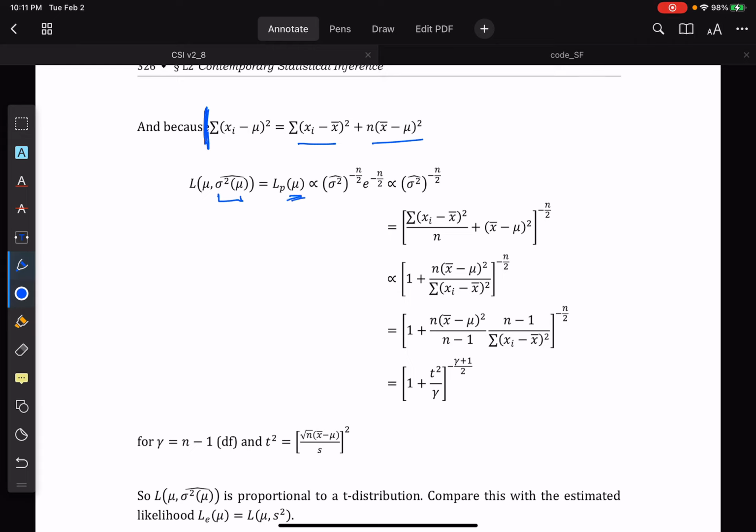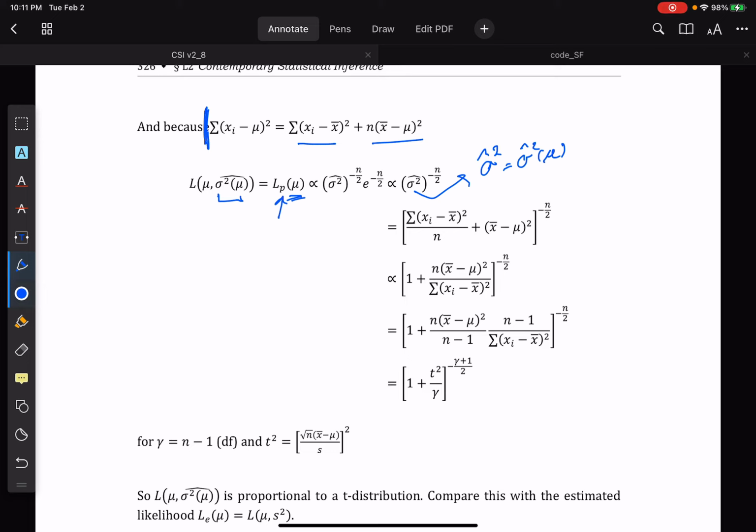And to remind people that it's a profile likelihood, I put a little p there. And I've plugged it in, and then I eliminate some terms, and you just get left with this simple expression. It's sigma hat squared to the minus n over 2. And this sigma hat squared, by the way, is sigma hat squared as a function of mu. I've just dropped the mu notation. That is some ugly scribble up there, so we can make that look nice.